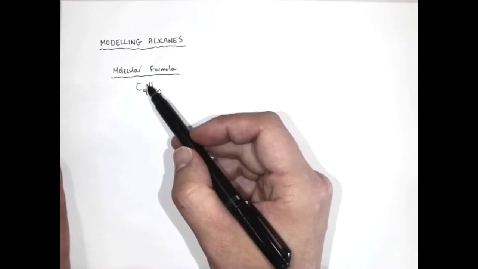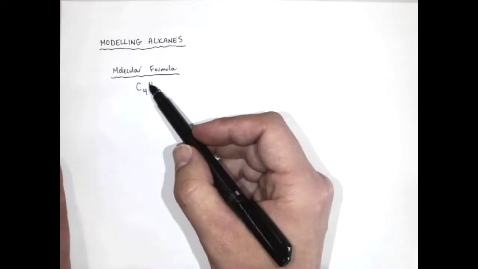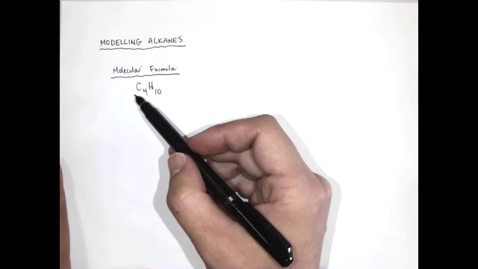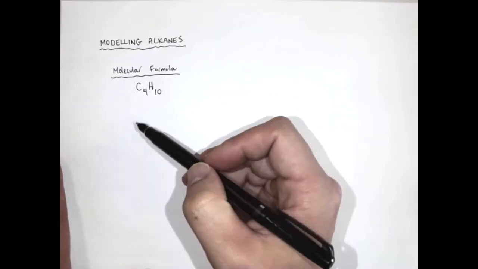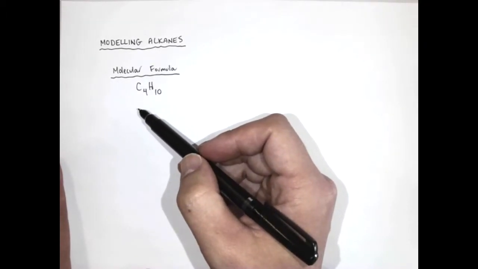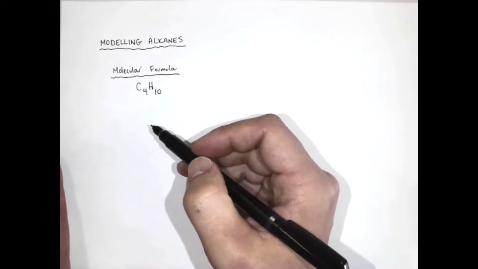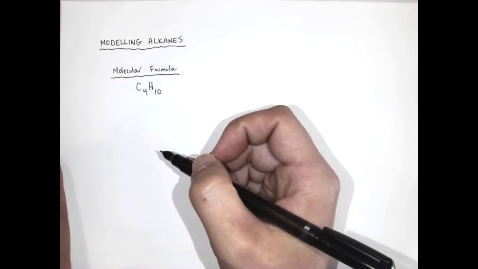For example, if I ask you to show me in 3 dimensions what a molecule of butane would look like, there's not enough information in this formula to tell you how to draw it. And that brings up the reason why we need other formulas to communicate that information.